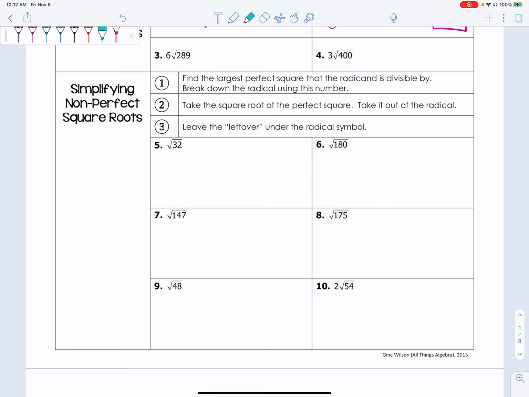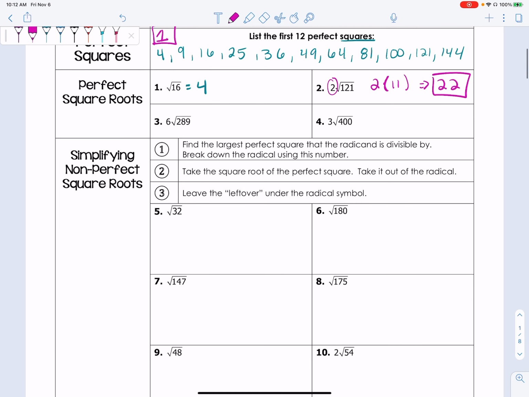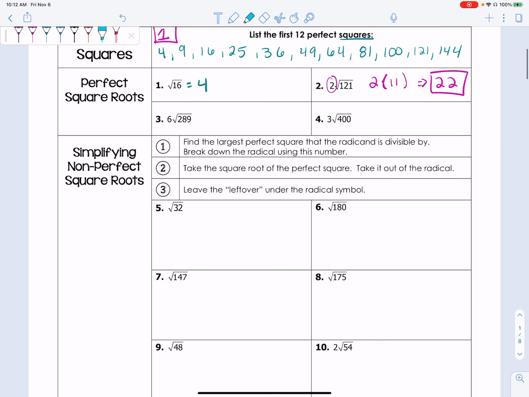So let's try number 5 doing it this way. If I'm thinking about 32 and thinking of my perfect squares, what is the largest perfect square that 32 is divisible by? Hopefully you all said 16.